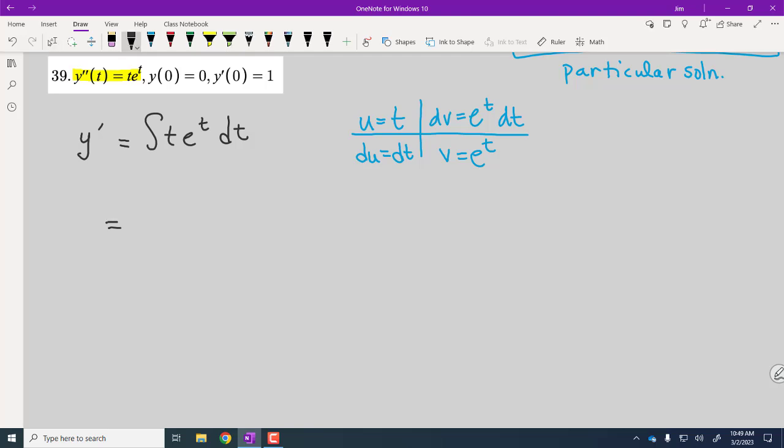So uv is the main diagonal, so that's t e to the t, minus the integral of the bottom row. And this is still y prime, so we've done one integration so far.